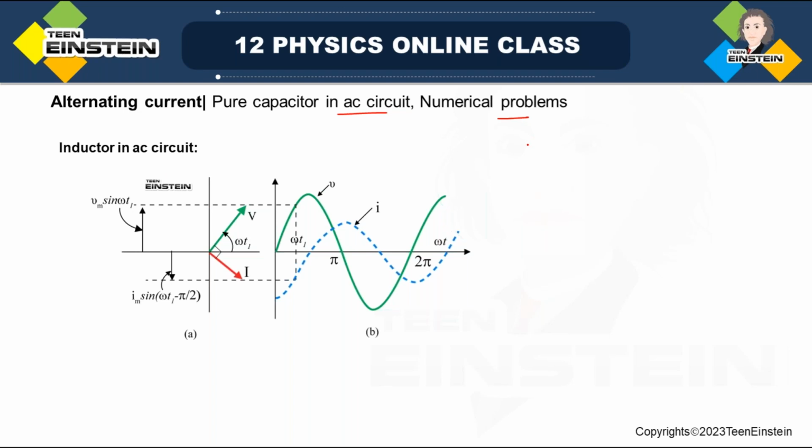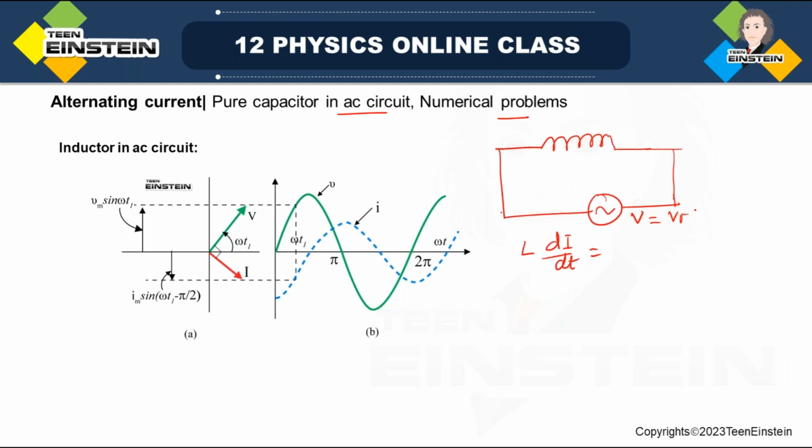See, if an inductor coil is connected to an AC source, then we had seen by Kirchhoff's law we can write L di/dt is equal to, if the voltage source is sending a signal V0 sin omega t, L di/dt is equal to this V0 sin omega t, and from there we had just integrated.